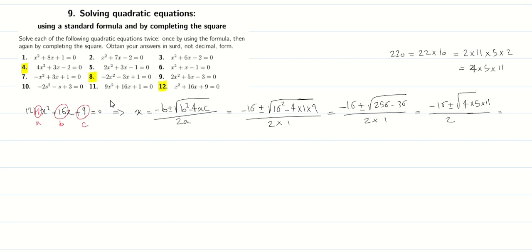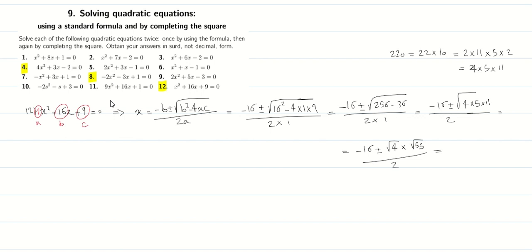Now I can split the square root in here into two values. So I would write as negative 16 plus minus the square root of 4 times the square root of 55. I just multiply 5 and 11 in here, divided by 2. And we all know that the square root of 4 is equal to 2.